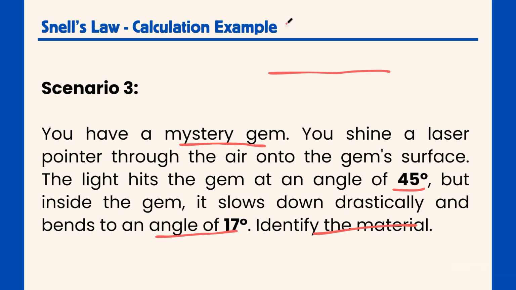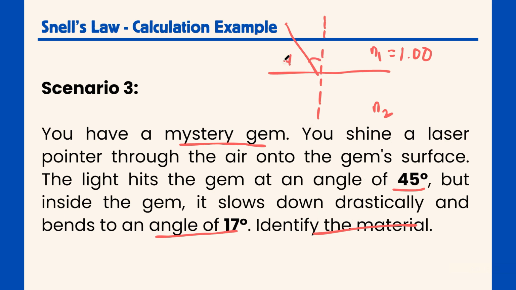So, this is the laser, this is the normal line. This is the first material and this is the second material. So our N1, we can suspect this is air, so that is valued at 1. Ang angle of incidence is 45 degrees.